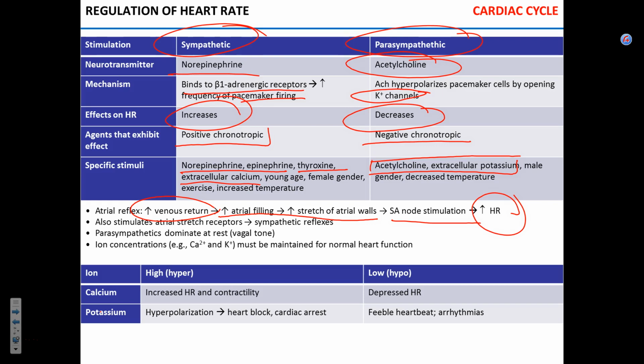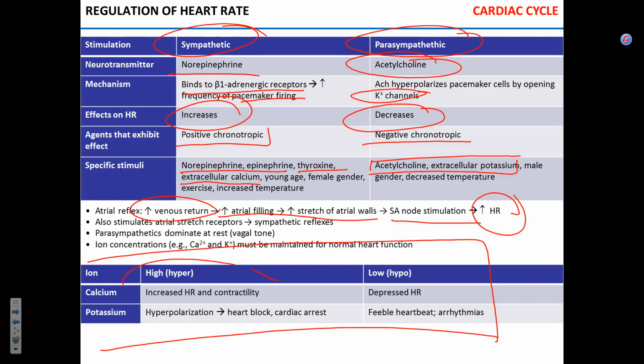So I want to highlight how important it is for our renal system to maintain the proper ion concentrations in the blood. Because these are effects of abnormal concentrations of calcium and potassium in the heart. You see that elevated calcium will increase heart rate, which is a problem, but not that much.